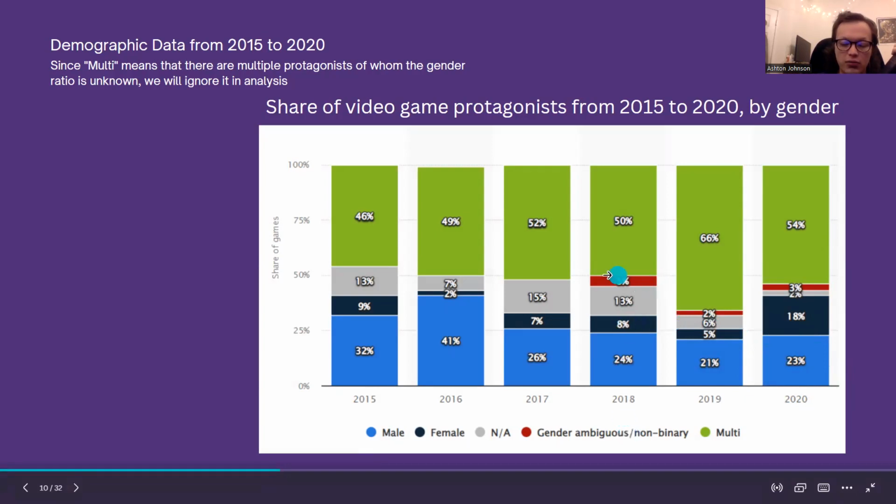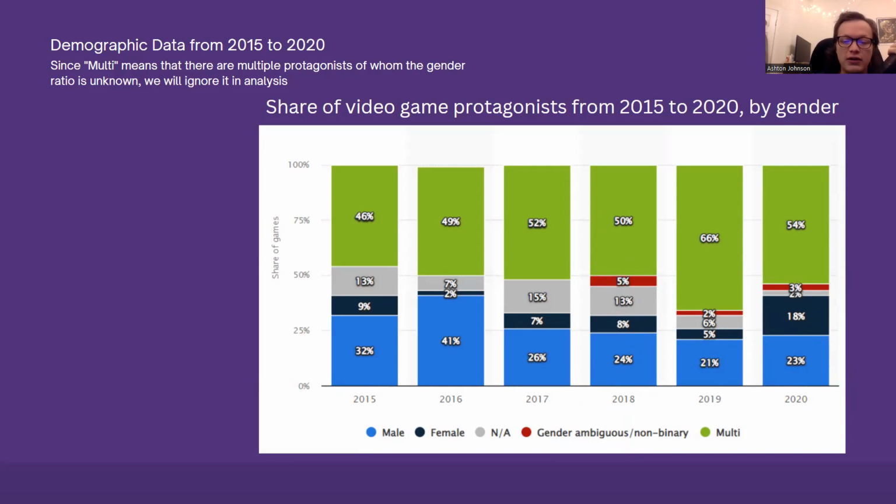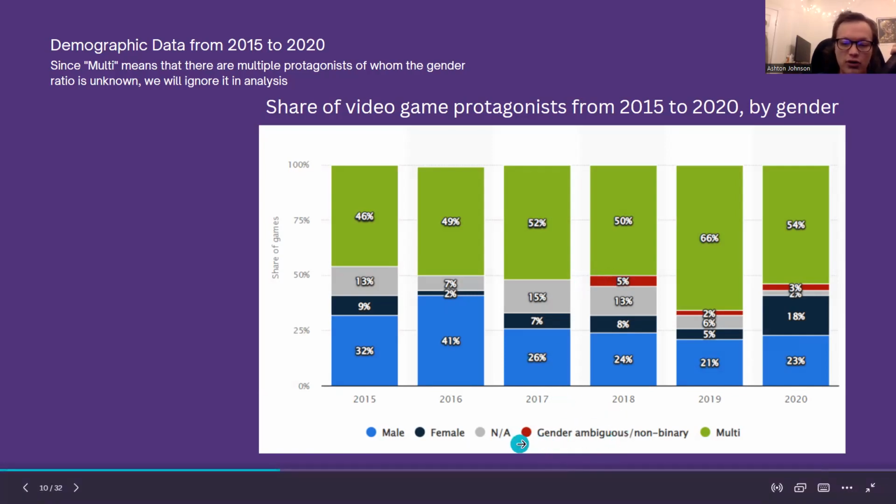And then another amazing note here is gender ambiguous and non-binary, which shows up for the first time in 2018 with 5% of the total protagonists. Pure speculation, I'm assuming that gender ambiguous is more of an androgynous character, not necessarily non-binary.